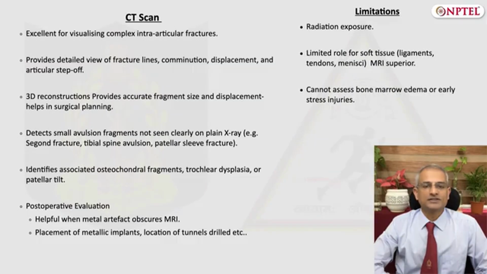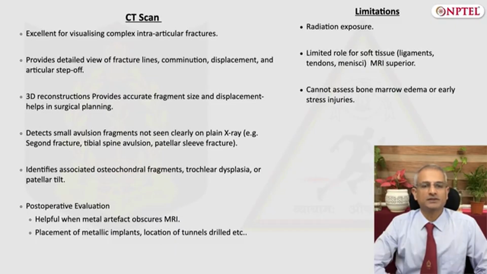There are certain situations where MRI cannot be used, such as when metallic implants have been used. However, these days, since most of the implants are MRI compatible and non-metallic, one may contemplate MRI. Then 3D reconstructions after a CT scan generally enhance accurate surgical planning.